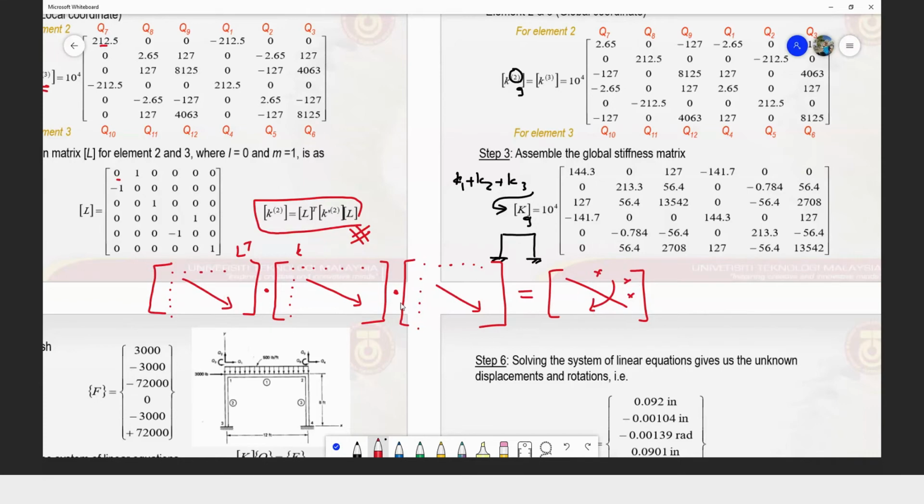So to avoid this problem, we actually introduce what we call a set of equations which will prepare the data straight away in the global coordinate system, but it's still at the element stage.